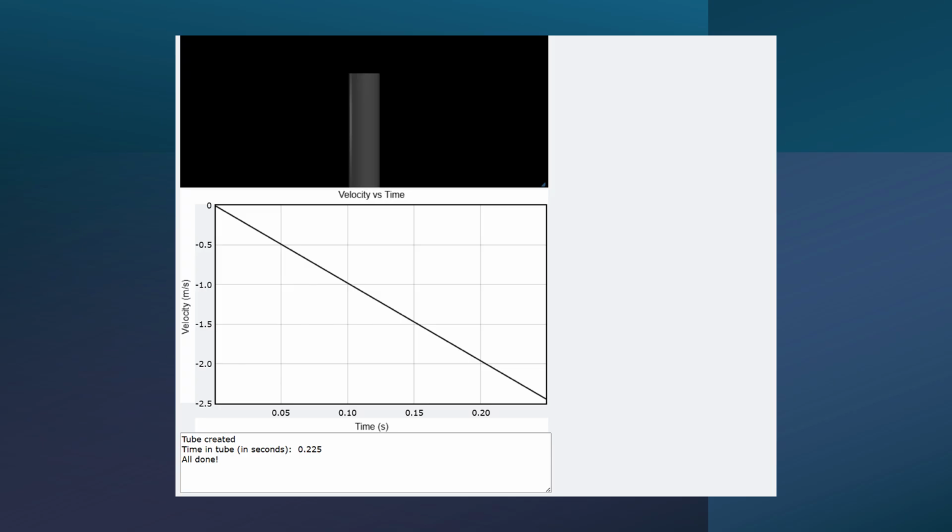We would be seeing a steep initial slope, and then a slope that decreases inside the tube, and then a flat region where it reaches terminal velocity, and then the moment it exits the tube. But here we're seeing just a straight line, and the time in tube was 0.225 seconds, which is not accurate with the real life values.